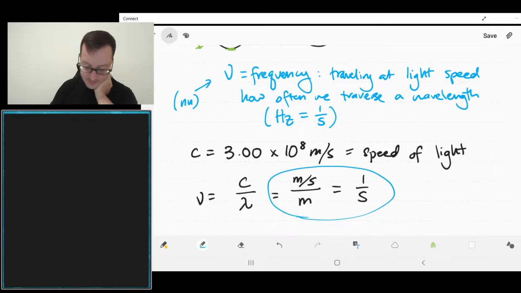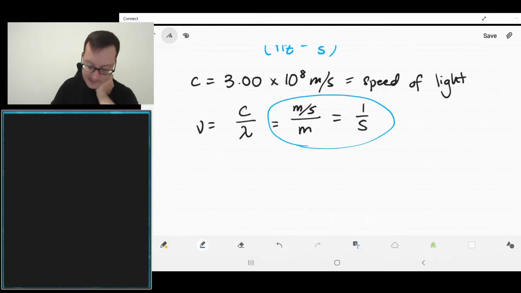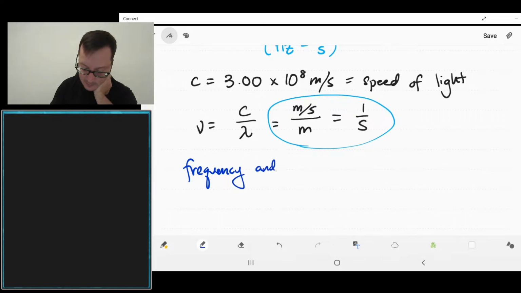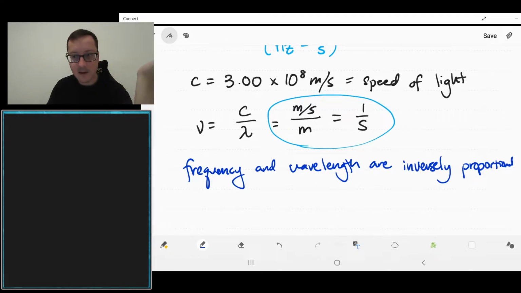So this means that frequency and wavelength are inversely proportional. And maybe that makes sense.